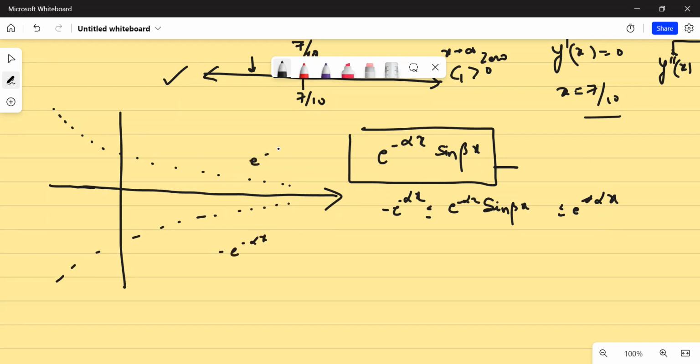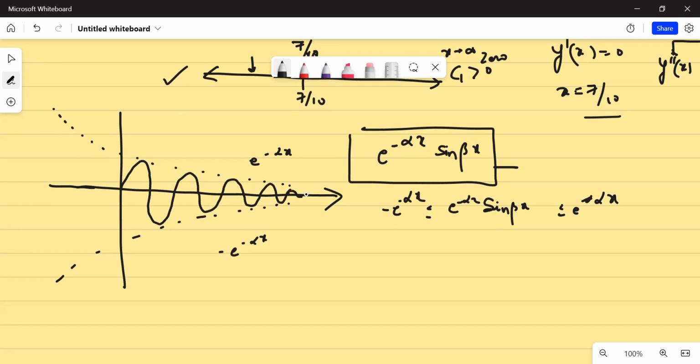This is how it is going to be. And this sine beta x is now enveloped in this. Now your amplitude is governed by another function. It is no longer a constant, so your sine would go, but it has to be enveloped between these only. This is how you make the graph of e to the power minus alpha x sine beta x.